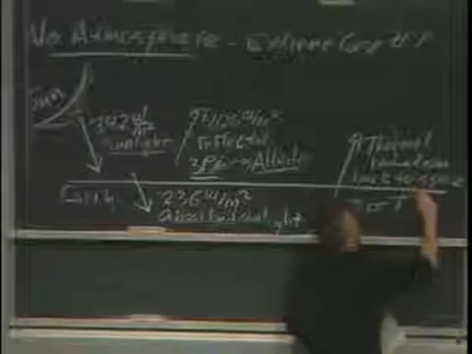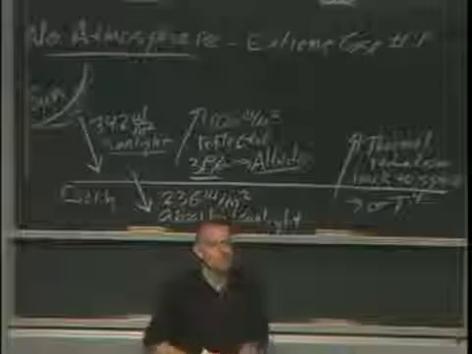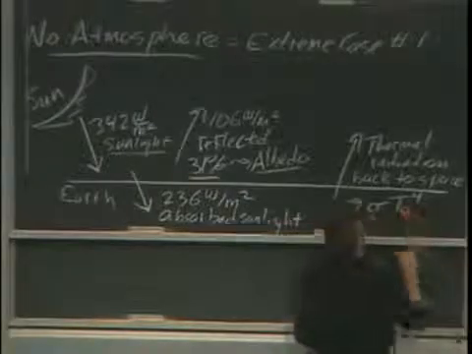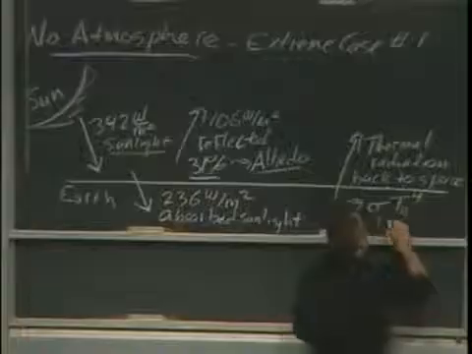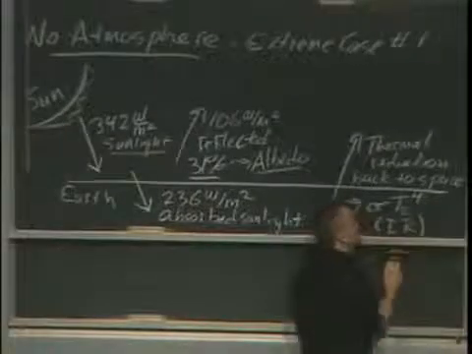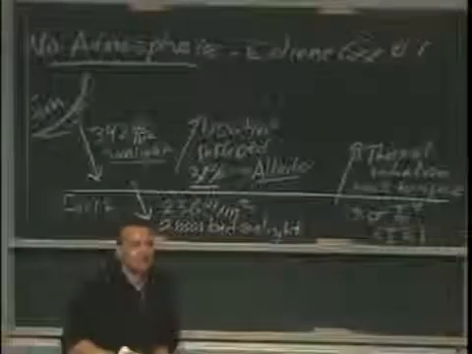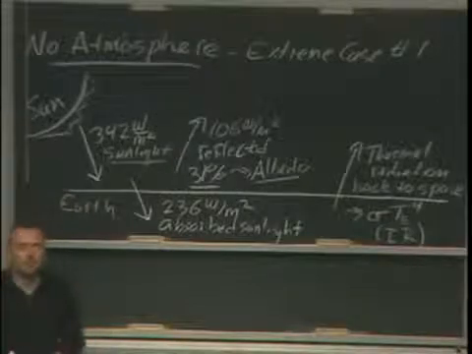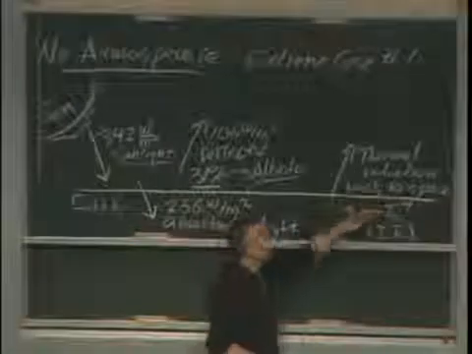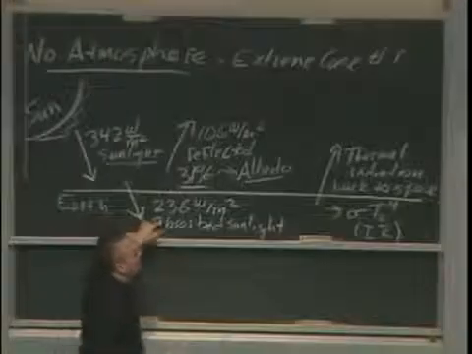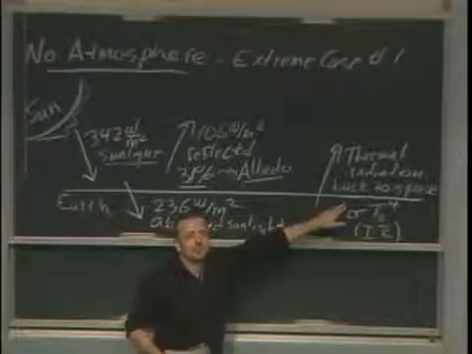It's just the Stefan-Boltzmann constant times the temperature of the Earth to the fourth power. And we'll see that that is emitted primarily in the infrared band. The temperature that it comes out to be puts it squarely in the infrared band. So the Earth heats by absorbing the sunlight, and it cools by emitting this thermal radiation.